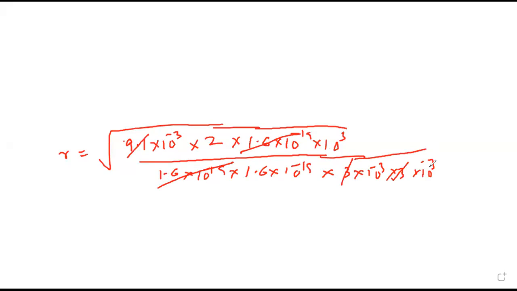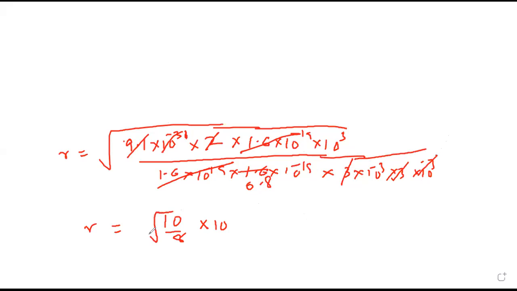So 1.6 into 10 raised to minus 19, 3, 3, 9 we can cancel, this 10 raised to minus 3 cancels with this, and it becomes 2 into 0.8. So R we get finally 10 upon 8. Maybe 10 raised to minus 31 actually.